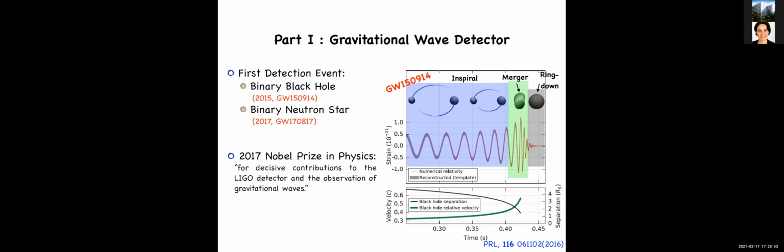Humans first directly detected a binary black hole merger in 2015. Black holes rotate and get close to each other, radiating gravitational wave signals. You can see the merger process in this picture.